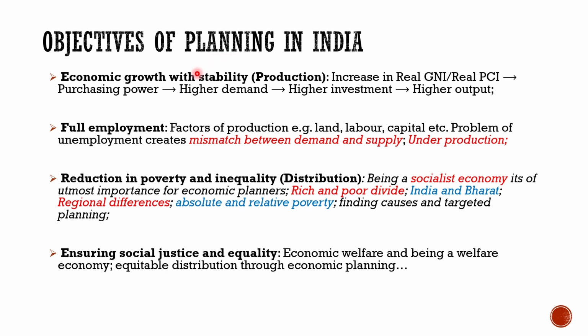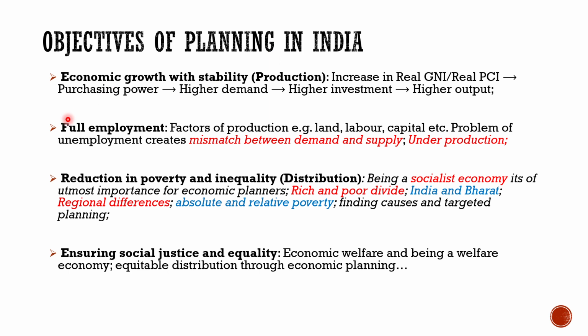Why I'm talking about stability here is that we want economic growth but with mild inflation, or a mild increase in the general price level, because very high inflation or very low prices, deflation, may cause instability in the growth scenario.